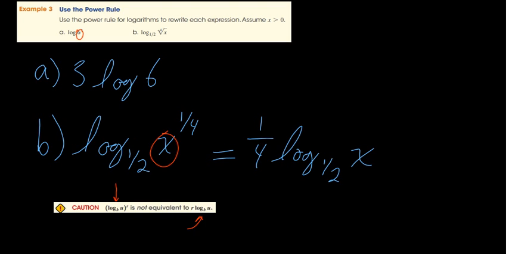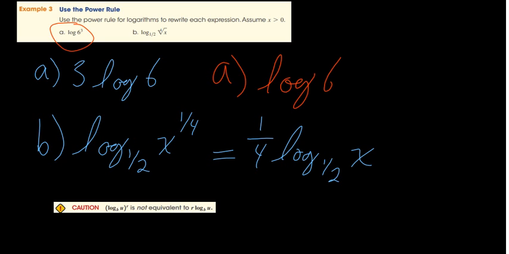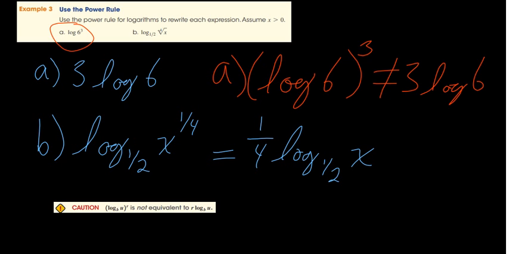If we are taking the powers of the logarithms, for instance, let's look at A here, because I'm pretty sure you might have a problem like this in your text. If it was log of 6, cubed, that is not going to be 3 log 6.